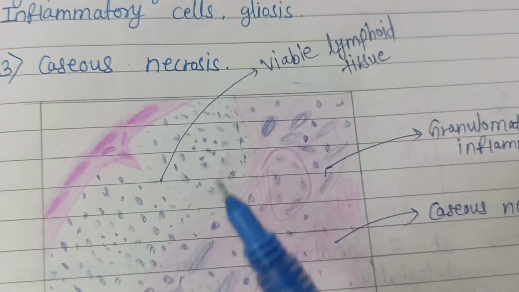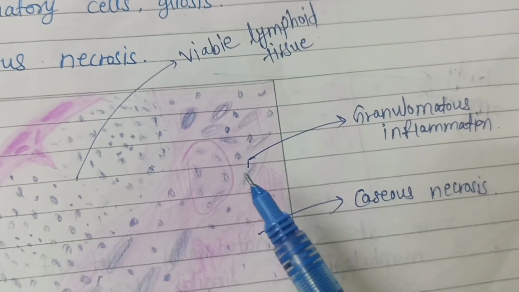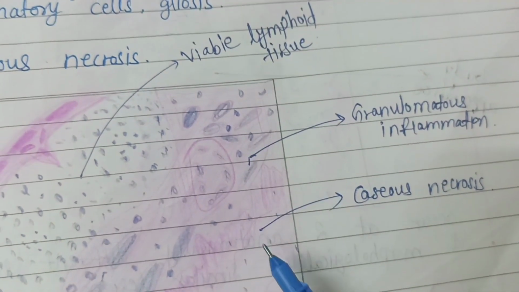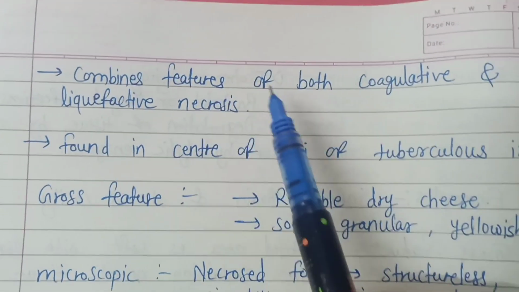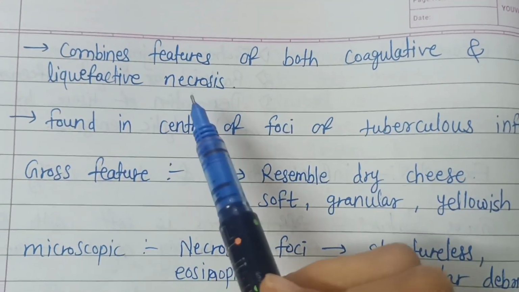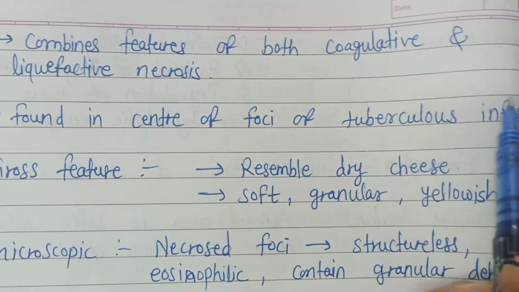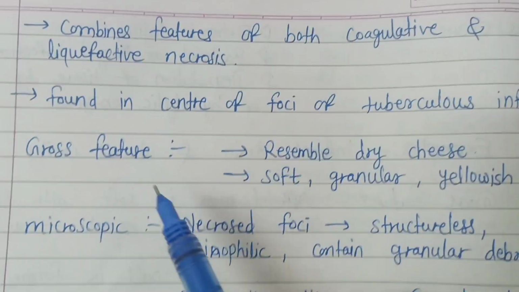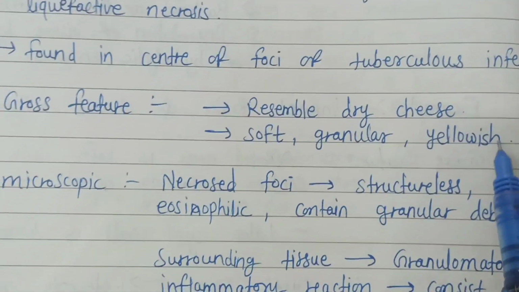Now third type is caseous necrosis. Here we have to draw viable lymphoid tissue, granulomatous inflammation, and caseous necrosis. Caseous necrosis combines features of both coagulative and liquefactive necrosis, found in the center of foci of tuberculous infections. Then gross features: it resembles dry cheese, soft, granular and yellowish.